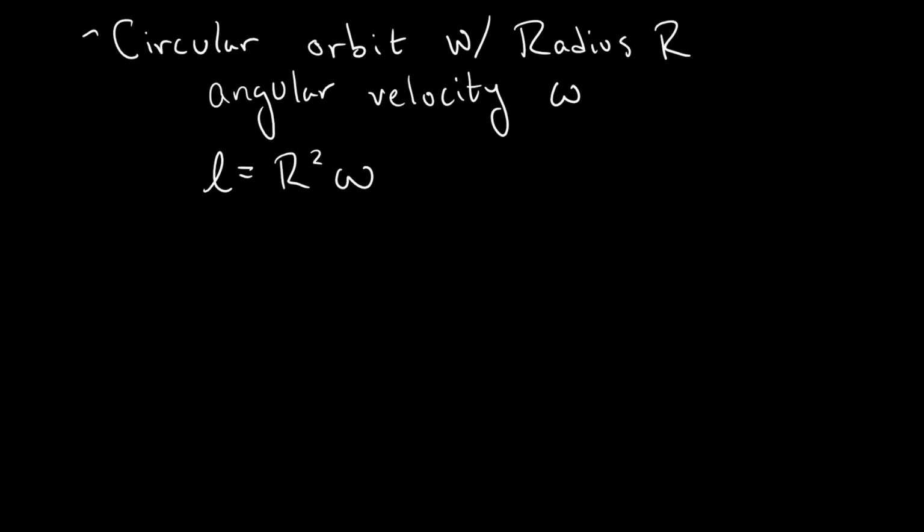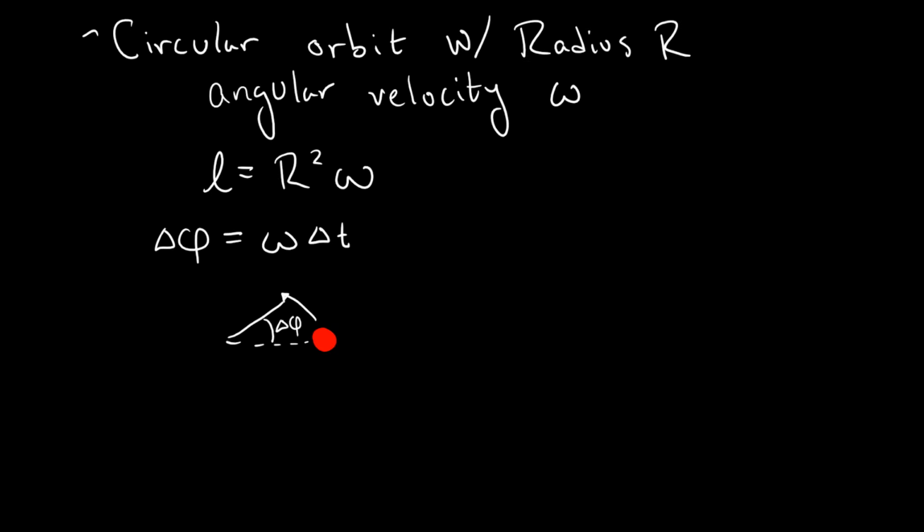Okay, so it has a constant angular velocity as it goes around the circle, which means that if I have some delta phi, so it changes some angle, the planet goes around its orbit some angle delta phi. Well, that's just equal to omega times delta t.